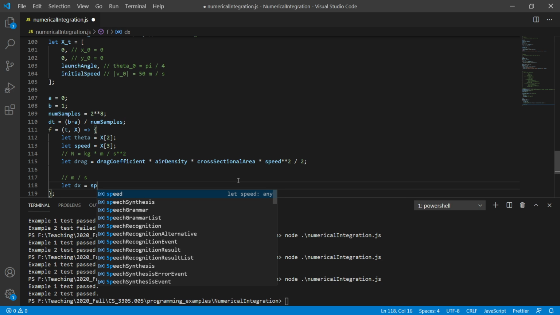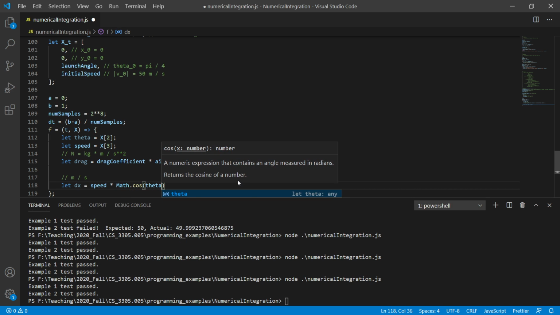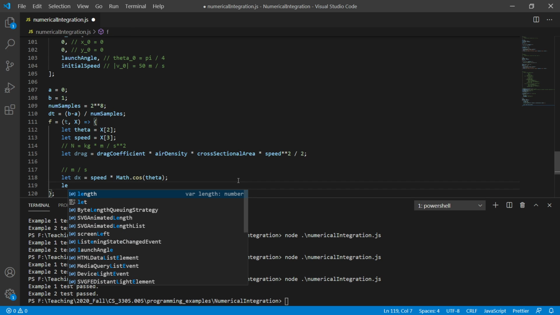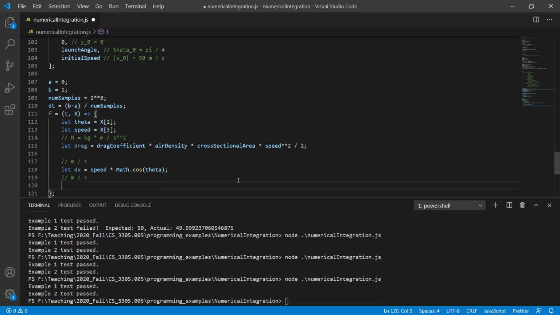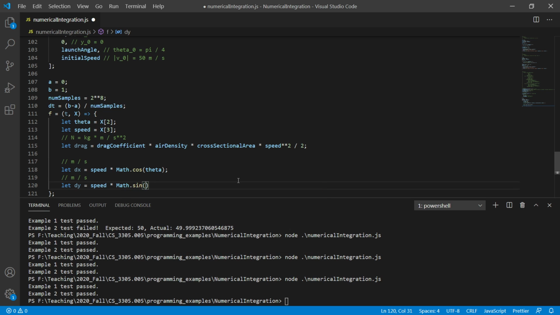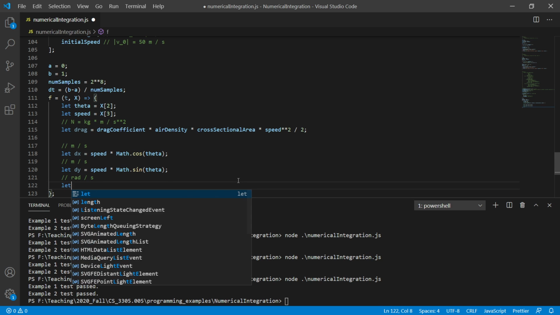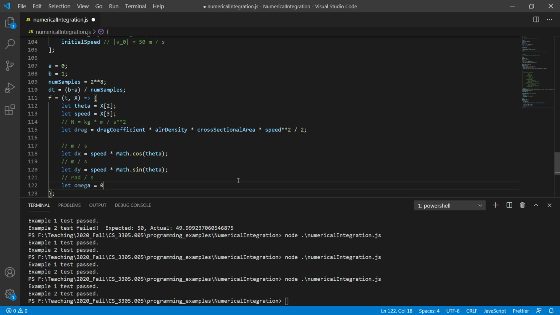So our x velocity is the speed times the cosine of our angle with the horizon, as we discussed previously. Our y velocity is the speed times the sine of the angle with the horizon. Our radial velocity is the repulsive force, or the retarding force, the drag, and so because it's opposing us, it's always negative.